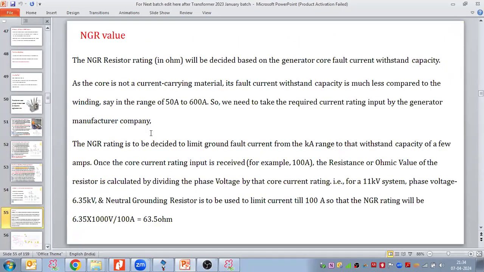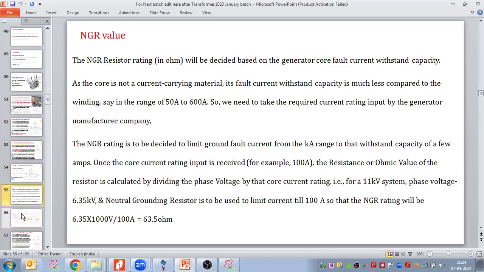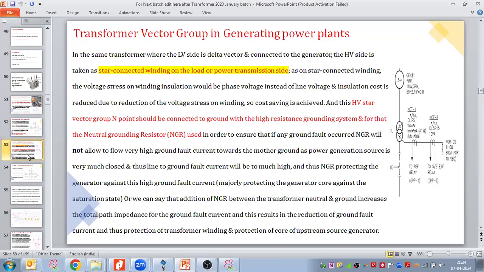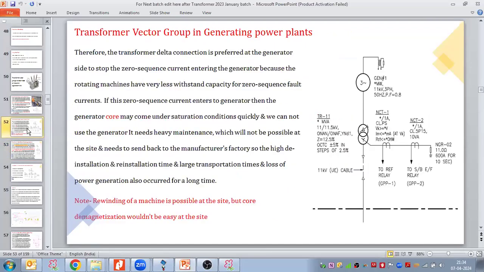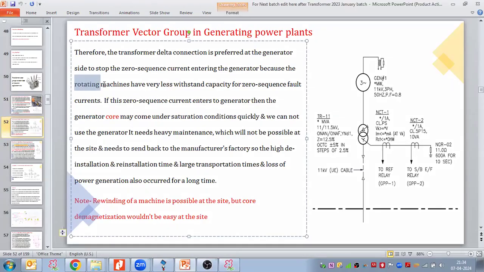And then again we have discussed the calculation of NGR. Yeah, here we have discussed that rotating machines, this is the important point. The rotating machines have very less withstand capacity for zero sequence fault current.